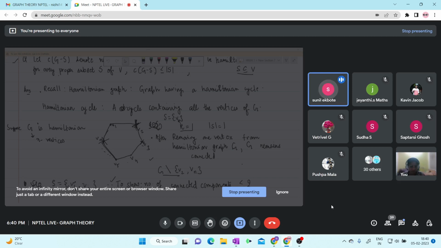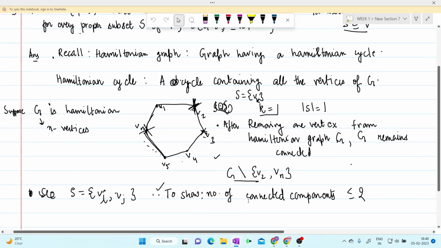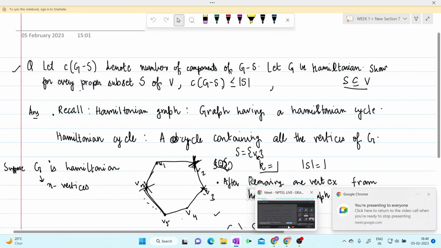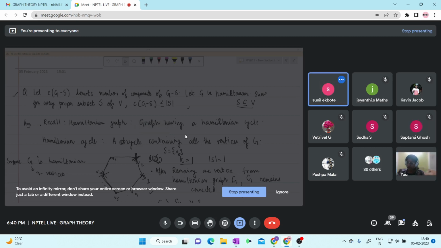And what about Hall's theorem? Can you state the theorem?